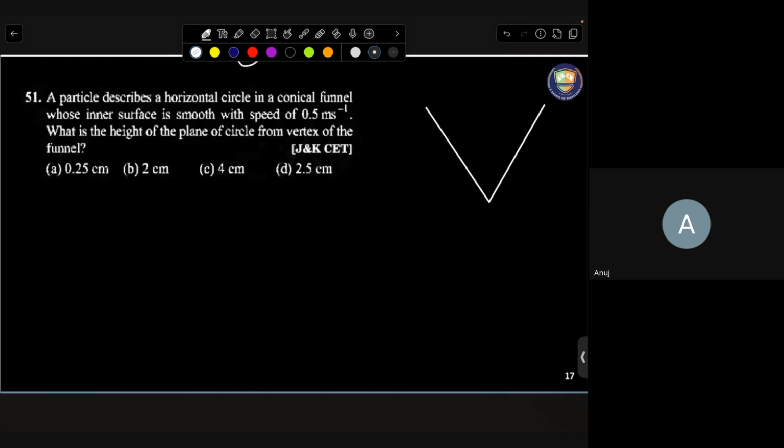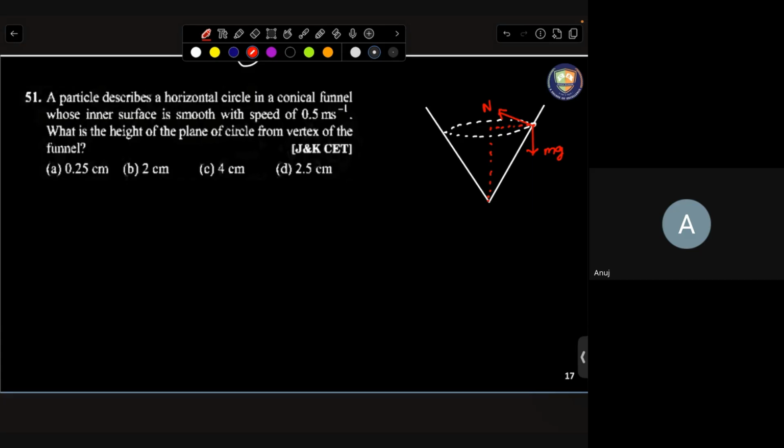So let's see, the conical funnel is like this, and a particle is making a circular motion like this. Let's say at this point we want to draw the free body diagram. This will be mg, and the normal to the surface will be perpendicular, this one. Now we need to see the angles also.